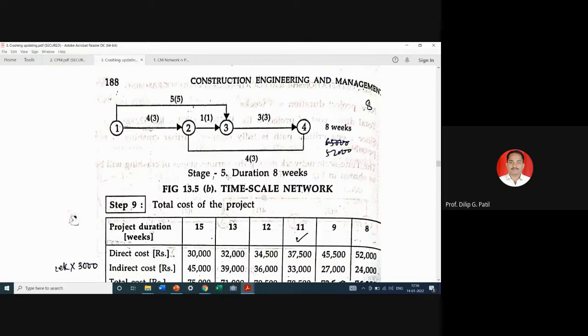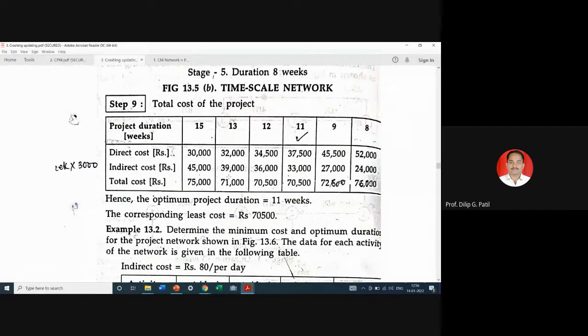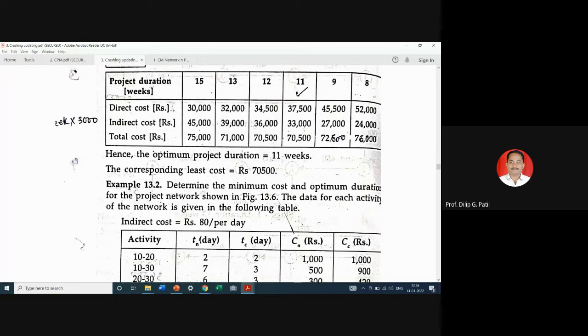So the combined table for this project, step by step crashing, will be like this, and from this you can see that for least cost 70,500, the associated least duration will be 11 weeks, because we will be in profit if we select the minimum duration.